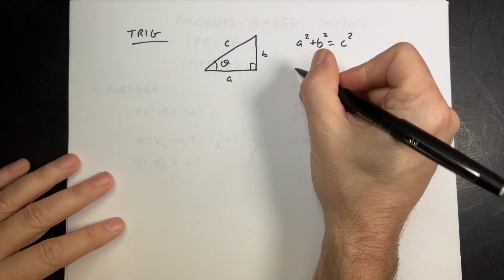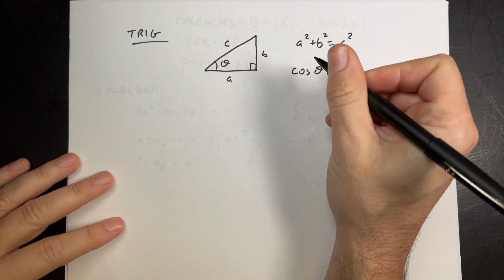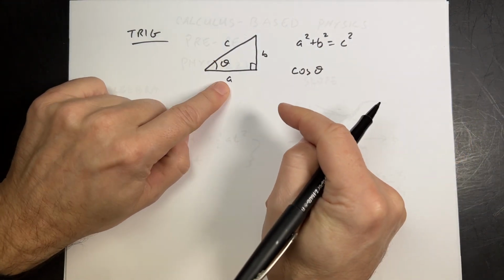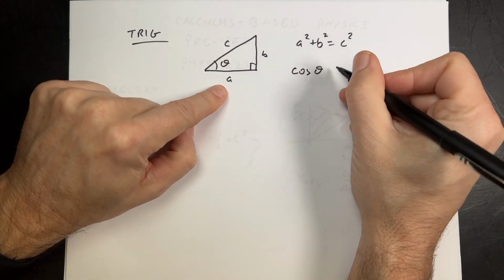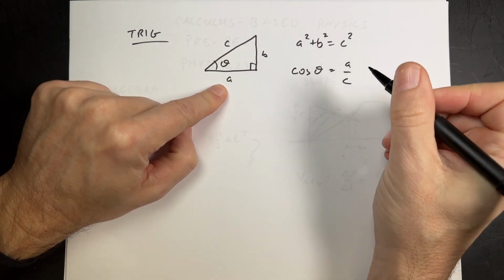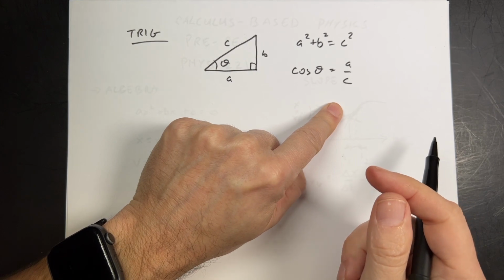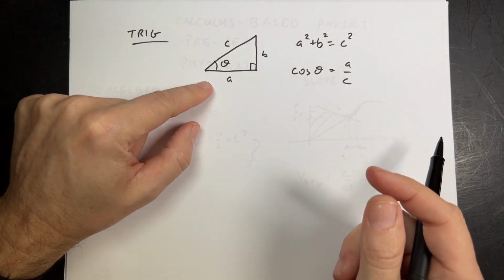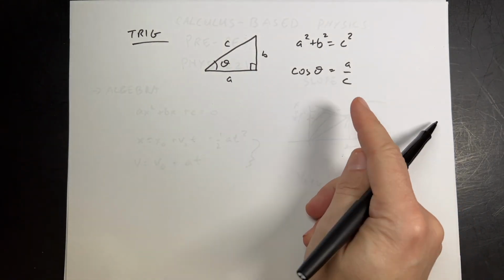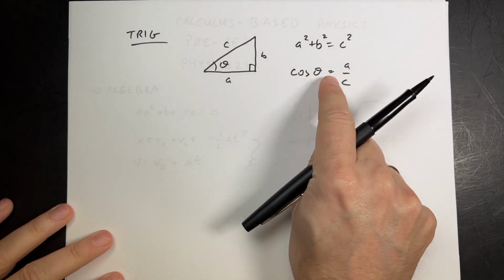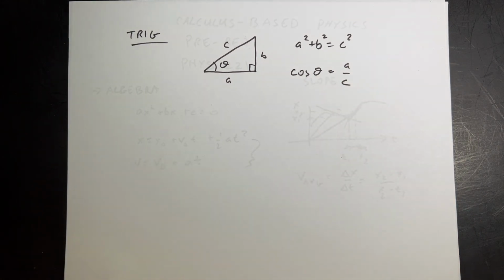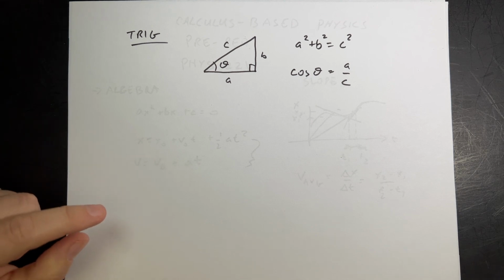So if I take the cosine of that angle, it tells me the ratio of the adjacent to the hypotenuse. So this is going to be A over C. Since this is a ratio of lengths of sides, it doesn't actually have to be length. It can be velocities, it can be force, whatever you want. Then this has no units. Cosine theta has no units. Cosine theta cannot be greater than 1.